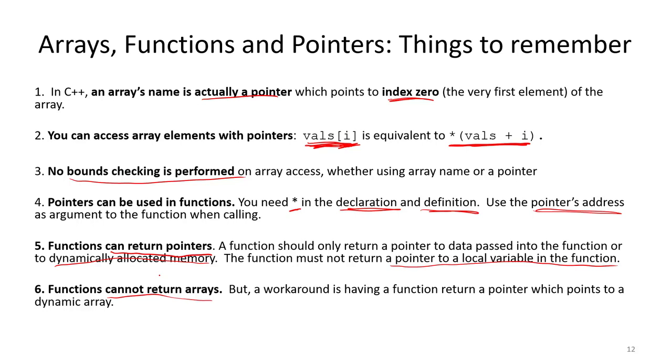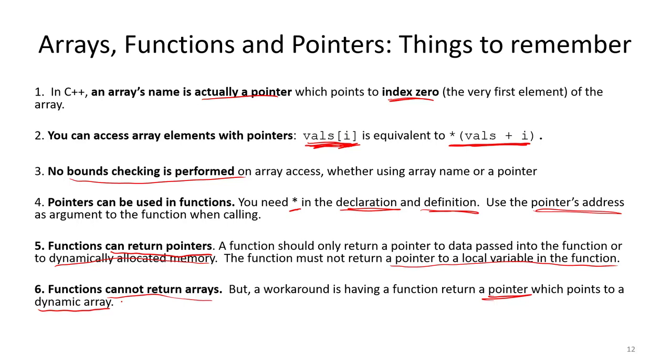Finally, our last rule is a reminder that functions cannot return arrays. However, one important workaround is we can have a function return a pointer which points to a dynamic array. If we return a pointer that tells us where our array is, then that's basically just as good as returning the array itself, because we can then use that pointer to access our array later on.